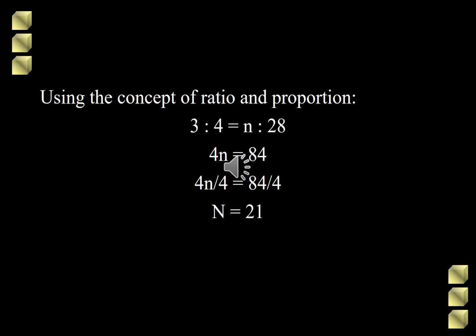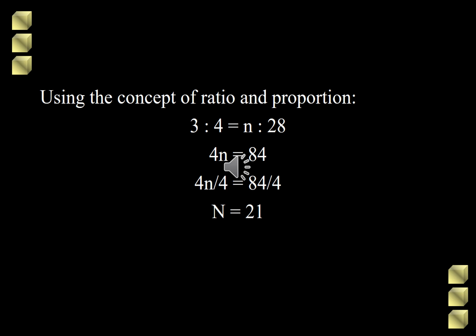An alternative way or approach is to use the concept of ratio and proportion. Now we can convert the fraction 3/7 into a ratio. So here we would have 3 is to 4, 3 for the boys and 4 for the girls.